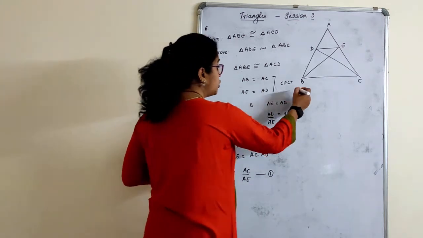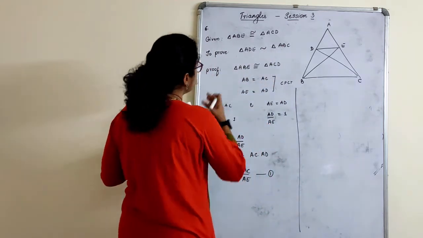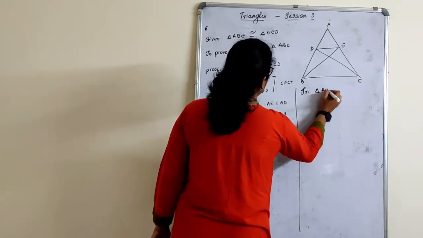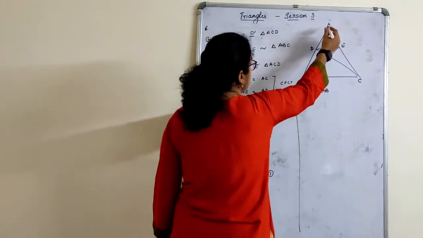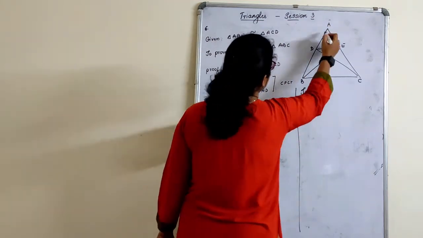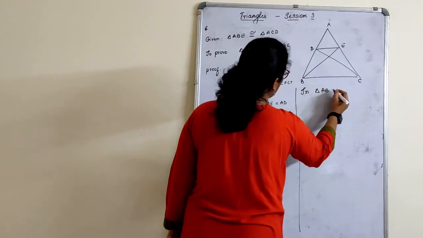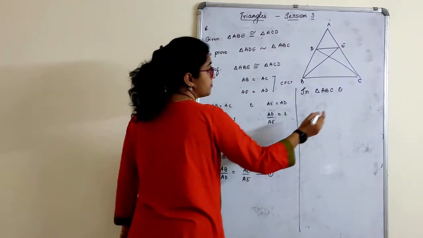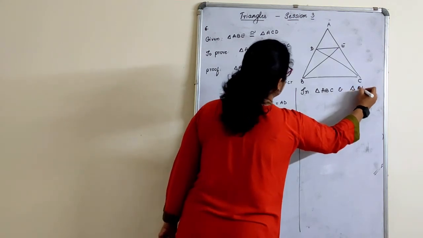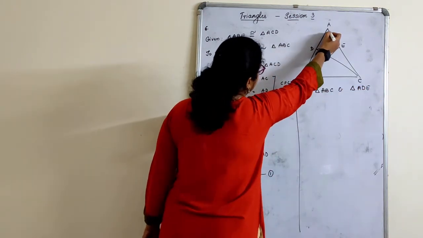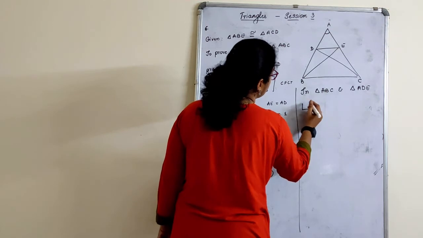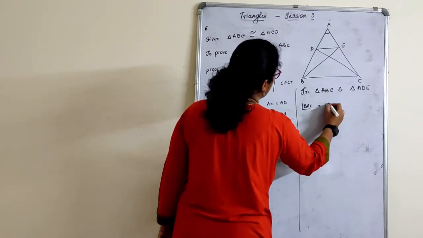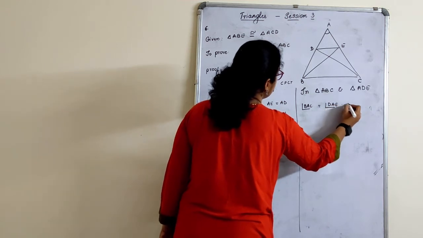Now come to the actual thing, what they have asked us to prove, that these triangles are similar. In triangles ADE and ABC, we'll choose the bigger triangle first. Why? Because I have a bigger side first. And triangle ADE. First of all, A is a common angle for both. Angle BAC is equal to angle DAE.